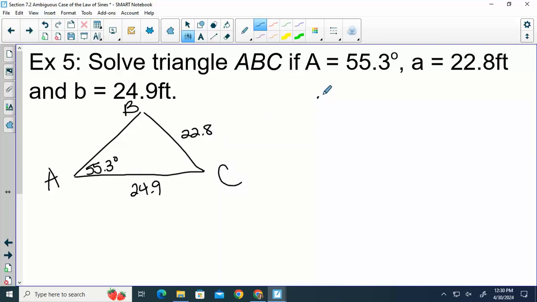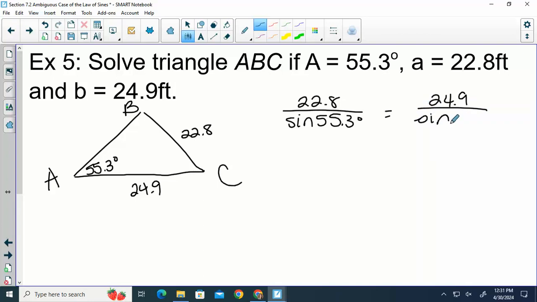So side A, 22.8, divided by the sine of A, sine of 55.3 degrees, equals side B, 24.9, over the sine of angle B. So we cross multiply.